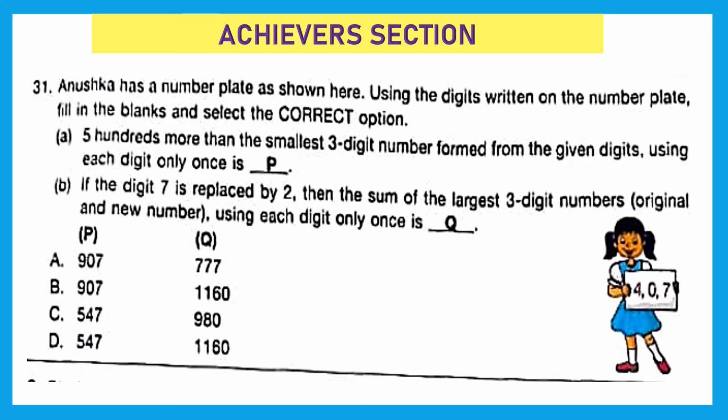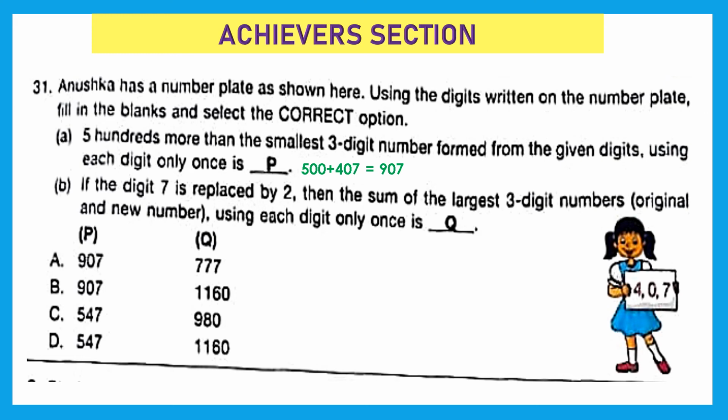It cannot be 047 because that will be only 2-digit. So it is going to be 407 only. That is the smallest 3-digit number which we can make from these 3 digits. Now we have to add 500 to 407. So 407 plus 500 is equal to 907. So P is 907. Option A and B both have P as 907.